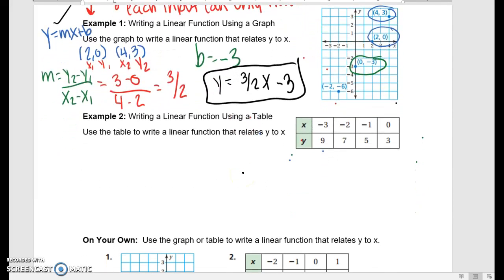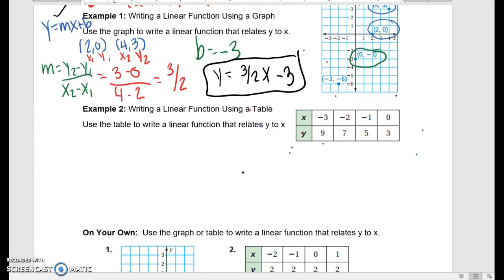Okay, example 2. Now you're going to be using the table to once again find the linear function. So I'm going to write the equation I'll be using, and we need to recall whenever we're finding slope from a table, that's the change in y over the change in x. Remember that triangle just means change.